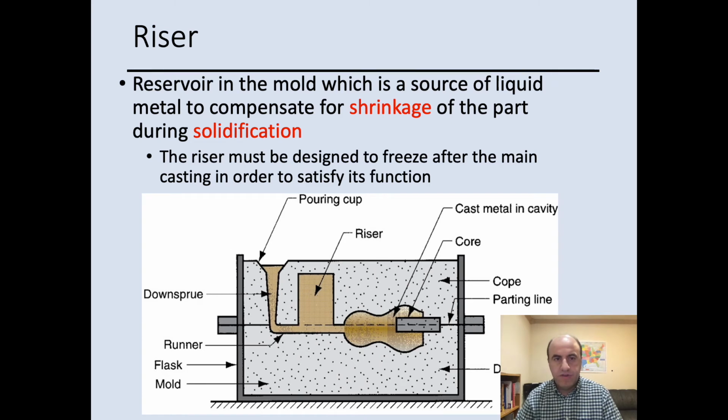The next part is the riser. The riser is a reservoir in the mold, which is a source of liquid metal to compensate for the shrinkage that occurs during solidification. The riser must be designed in a way that the material inside of it is going to freeze after the main casting.